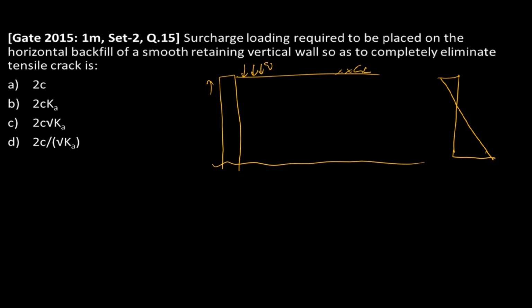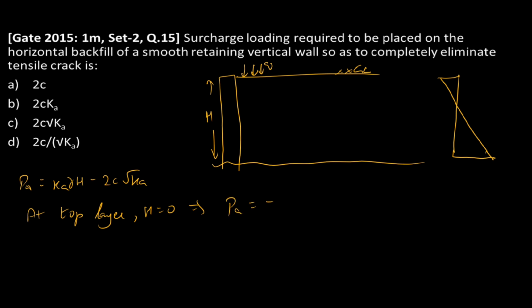Let us consider the height of the retaining wall as H. Active pressure at the top layer, PA, will be equal to Ka gamma H minus 2C root Ka. So at the top layer H will be equal to 0, which is PA will be equal to minus 2C root Ka.